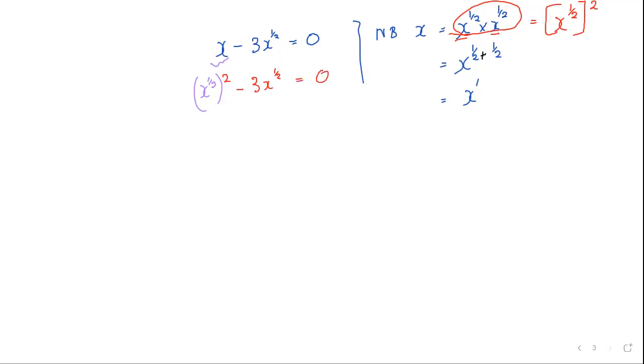So you agree that I can take a common factor out, which is x to the 1/2, and what remains inside there is x to the 1/2 minus 3 is equal to 0. Therefore, the square root of x is equal to 0, or x exponent half equal to 3.